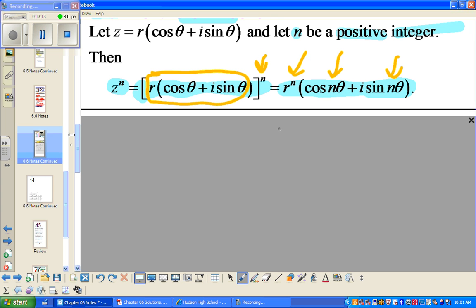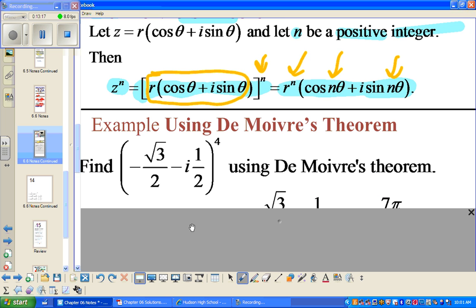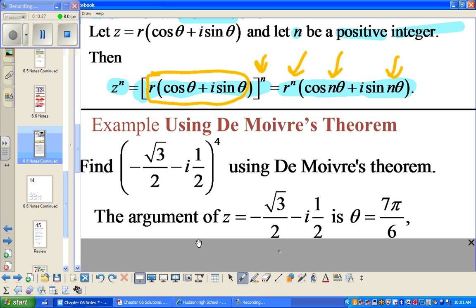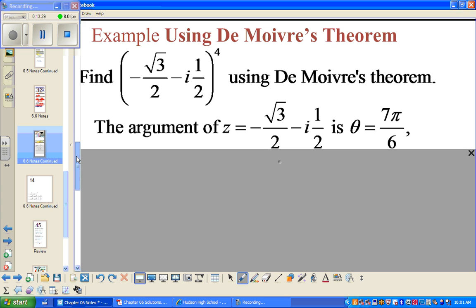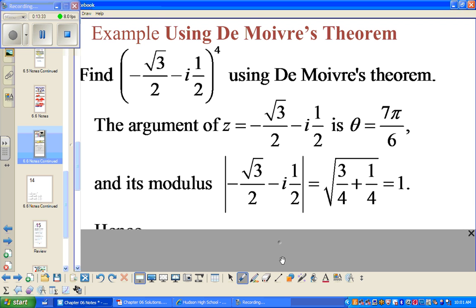Here's an example. If I want to take this complex number, negative root 3 over 2 minus i times 1/2, to the 4th power, well, I would first need to figure out what is theta and what is r.